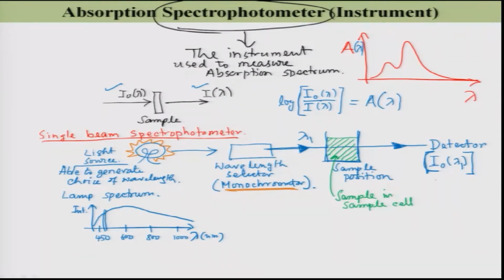So, let us say that intensity is I for this lambda 1. So, simply you will get I0 and I. Once you get I0 and I, you will be able to calculate A. You just take log I0 by I, which is equal to A for this particular wavelength lambda 1. So, it looks very simple, looks very much fine, but there is some problem with such a setup.